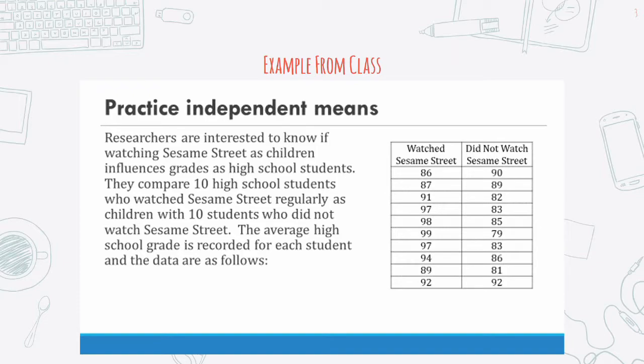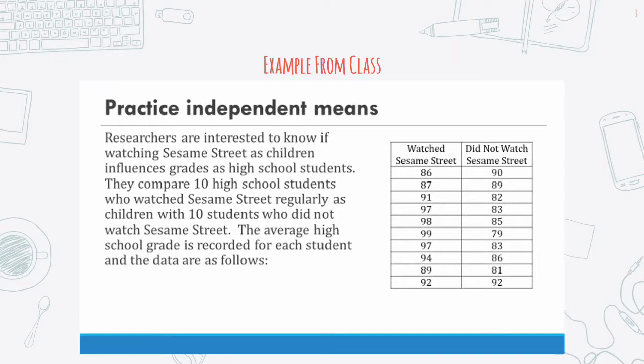And we know that this is an independent samples t-test because we don't have any within subjects process here. In fact, the researchers couldn't. You can't assign some people to watch it and then not watch it, or not watch it and then watch it. They either did or they didn't at this point. We can't change what they did as a child, so we need to just create these two groups, these two different populations of people who watched or who did not watch.